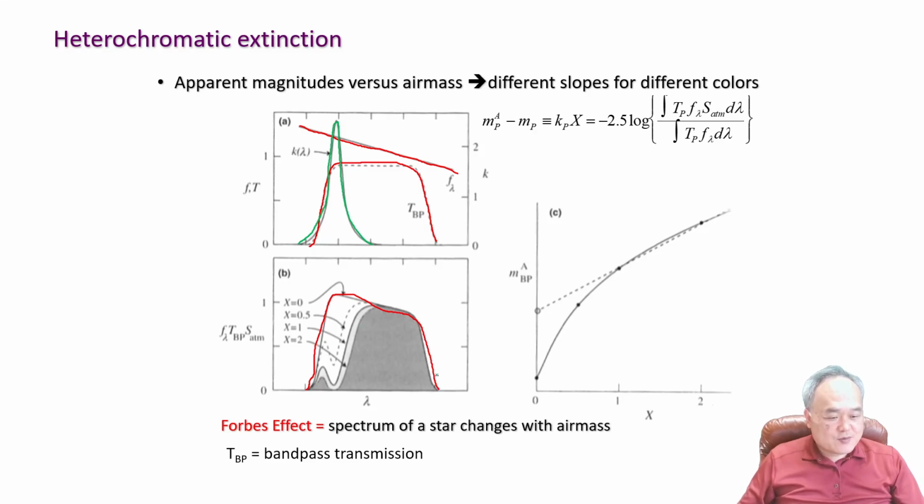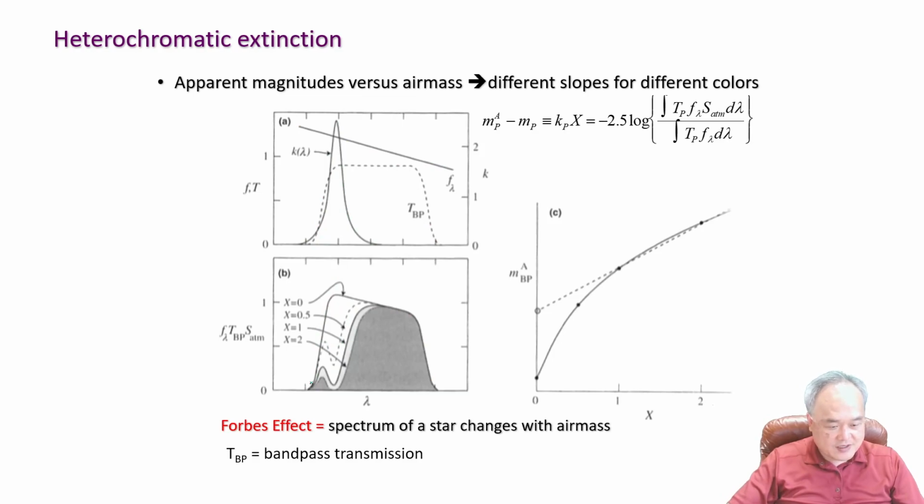When you observe through no air mass, which is outside of the atmosphere, meaning the air mass x is 0, you don't see any effect of this atmospheric extinction. Right? But what if you observe through an air mass of 0.5? Then from the recorded spectrum outside of the atmosphere, this part of the wavelength range is suppressed. So what you record is this.